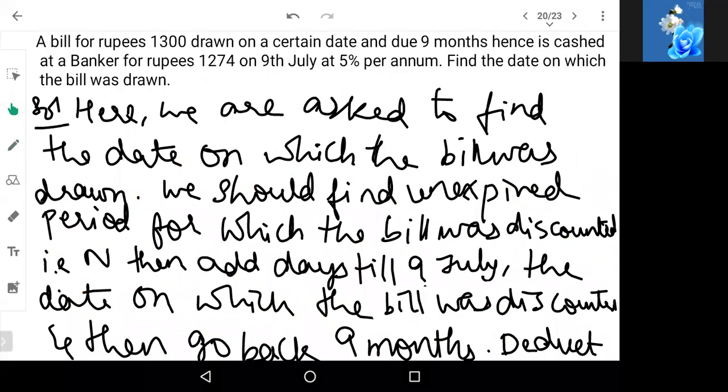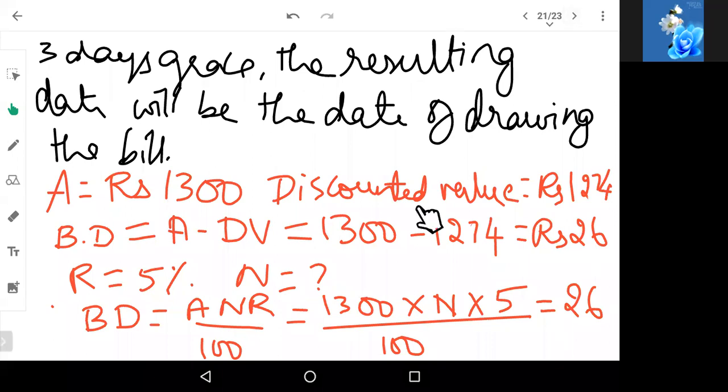The discounted value of the bill is 1274. So if I subtract these two, I get 26 rupees as the banker's discount. Now, this is one of the ways to find the banker's discount when you have the amount and the discounted value.